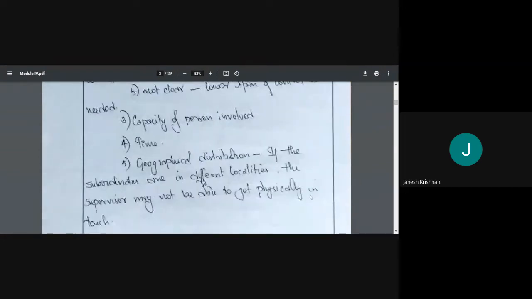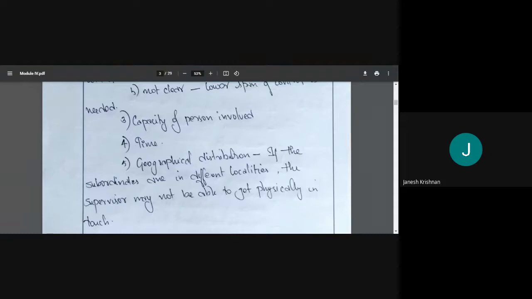The next thing is geographical distribution. Geographical distribution means, see, you guys are at your homes. You might be from anywhere in Kerala, anywhere in India, but we are having a class right now. Physically, your guide cannot come and help you. If people are in different localities, the supervisor may not be able to get physically in touch.